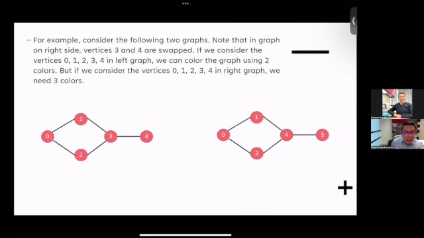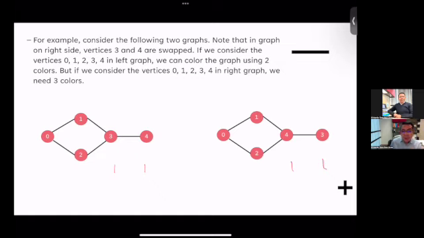For instance, let's consider these two examples. If you see, they are almost the same, except that the third and the fourth nodes are swapped here and in the other. And if we consider only these, for the left graph, we can color the graph by using only 2 colors, moving from 0, 1, 2, 3, and 4.